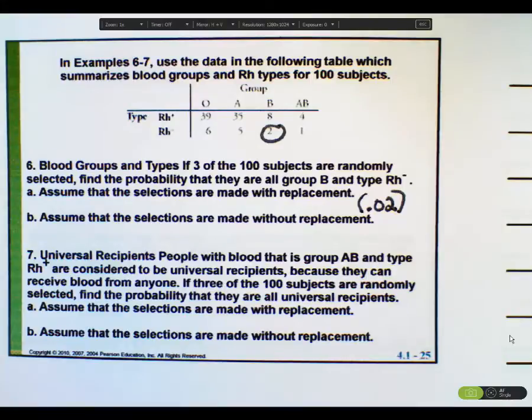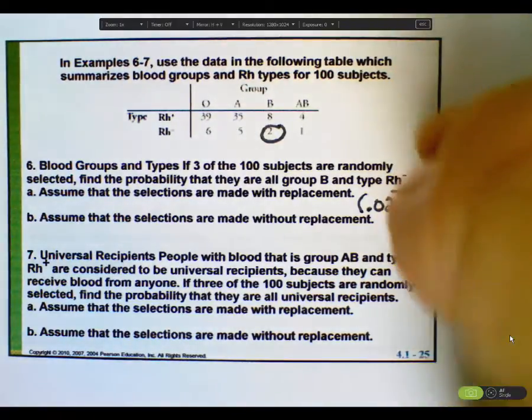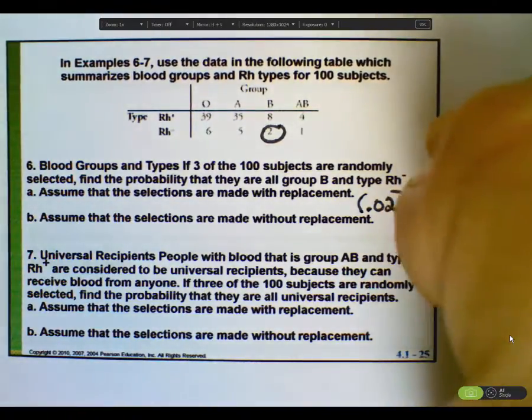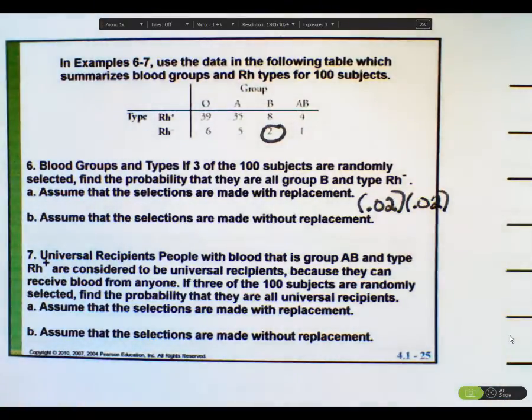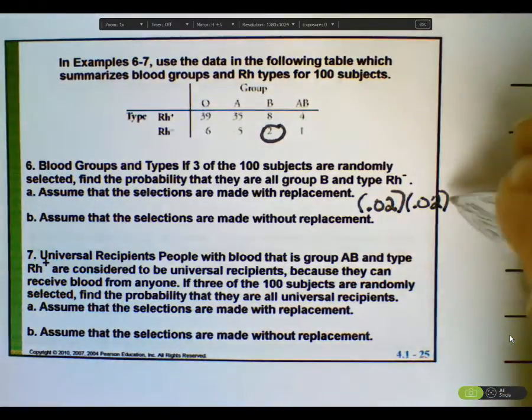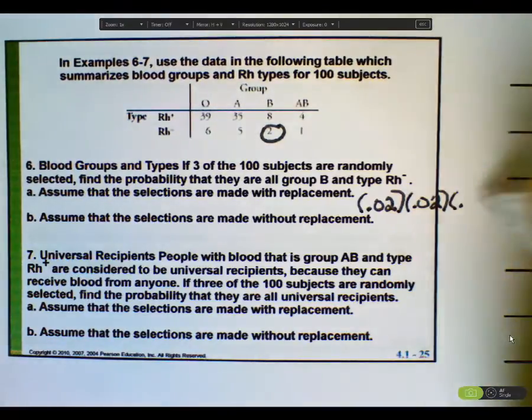Now that's the probability that the first person is group B and RH negative. And if I put that person back and draw out another person, then the probability that they're group B and RH negative is going to be the same because I put the first person back. And so is the third person.